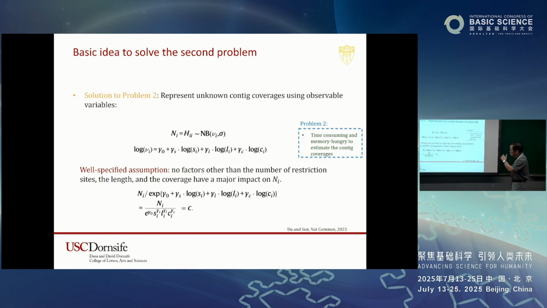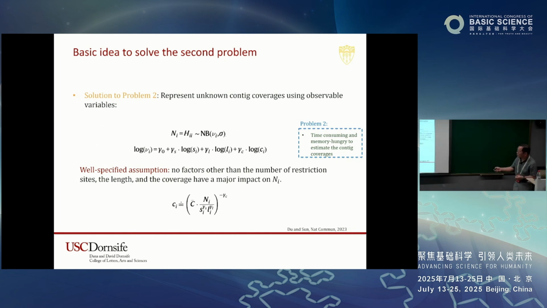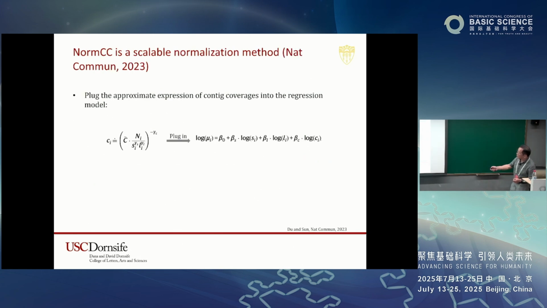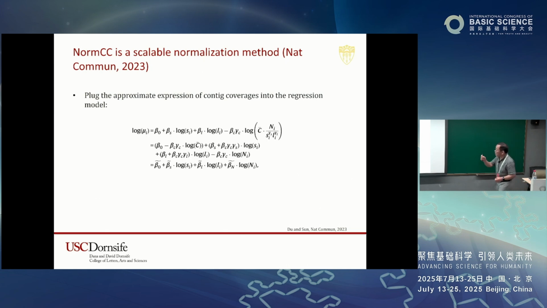Then we do some mathematical manipulation, and due to time constraints I'm not going to give you details. Those of you who are interested can read the paper. After all this mathematics, which is not really that advanced but needs some calculation, we just model this.